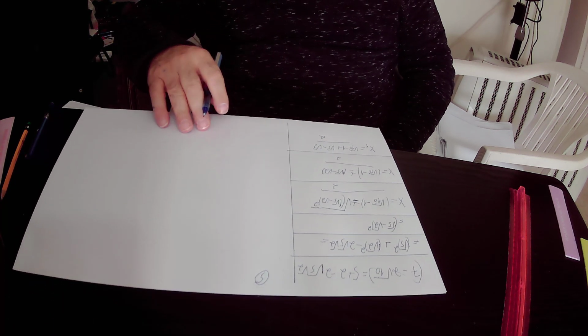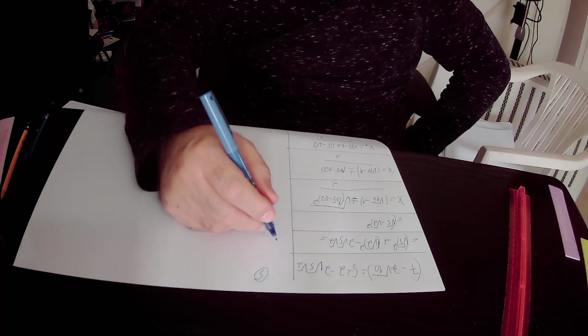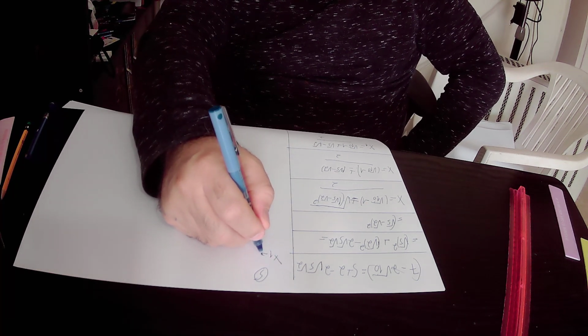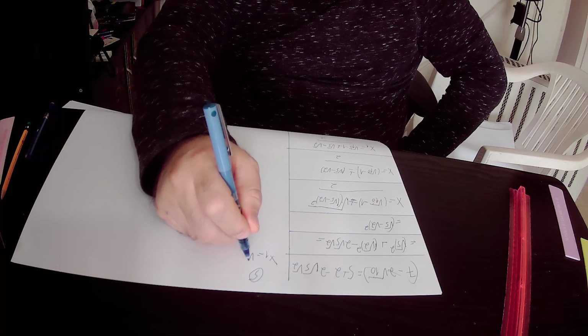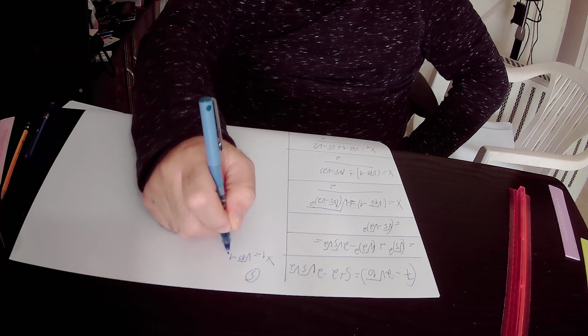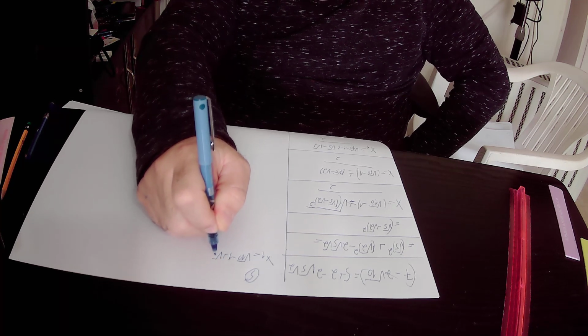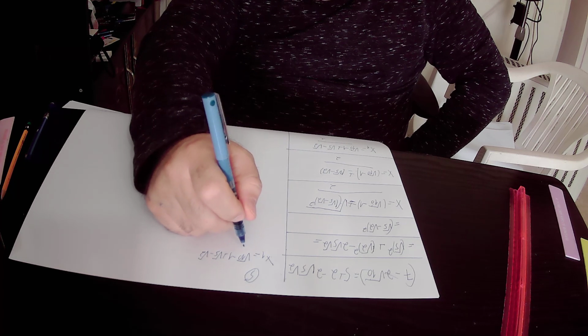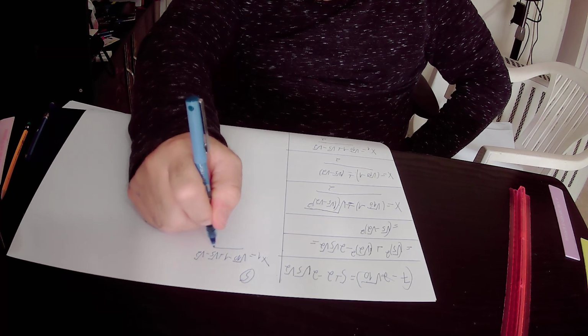So I will copy the first solution here. x1 equals the square root of 10 minus 1 plus the square root of 5 minus the square root of 2, all divided by 2.